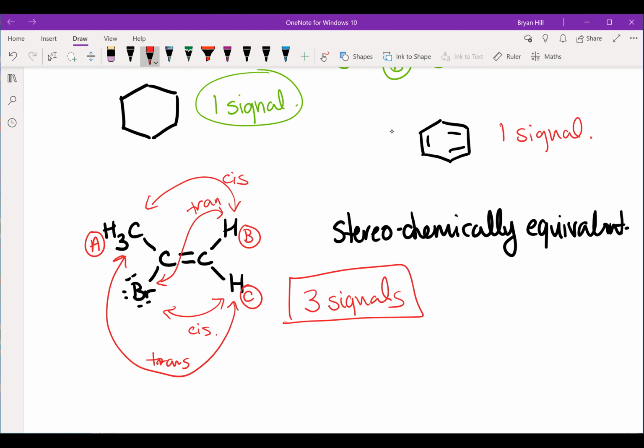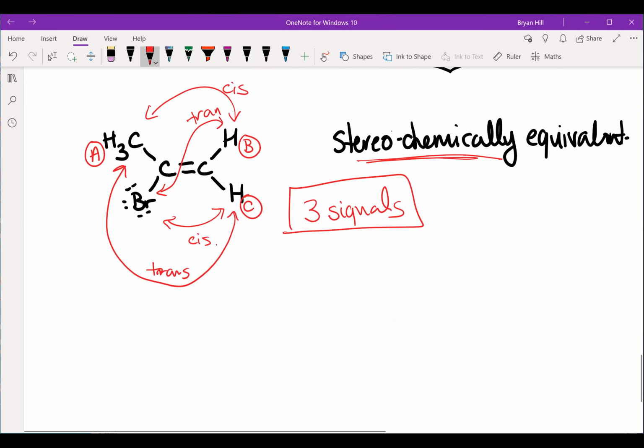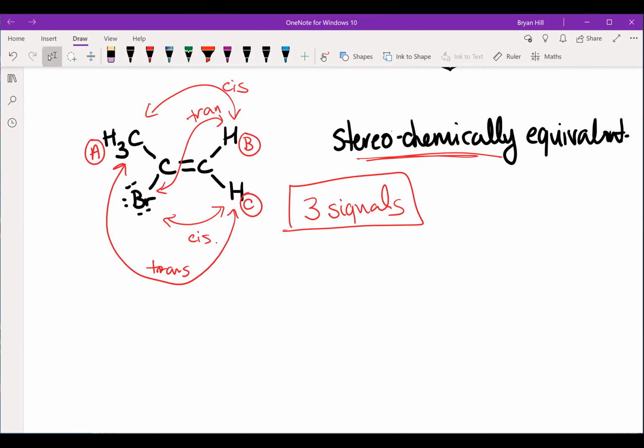So with a 60 megahertz machine, B and C might come out at the same parts per million, but on a 400 megahertz machine, they could be distinct signals. So on a low resolution machine, sometimes protons that aren't actually equivalent come out at the same resonance, because that energy gap isn't quite large enough.